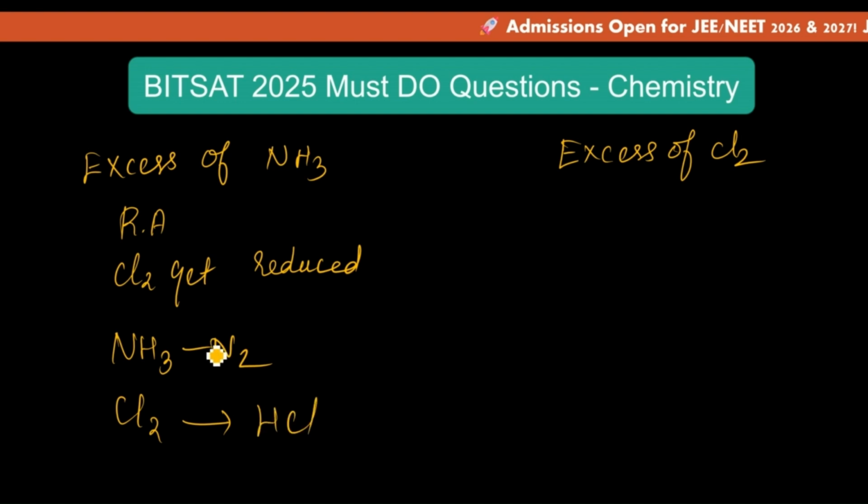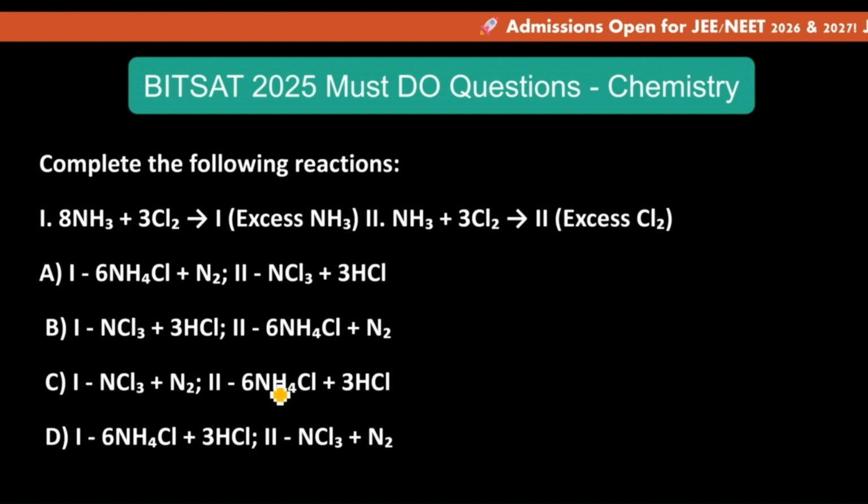So let's check out the options where I'm having Cl2 to HCl and N2. Okay, option A is there, and option C also I'm having N2. Option D, I don't have N2. So either option A or C.